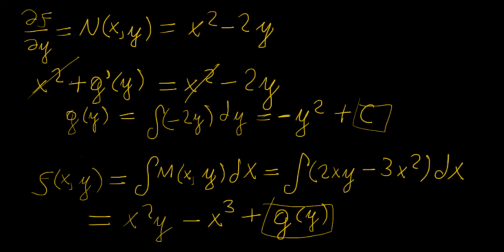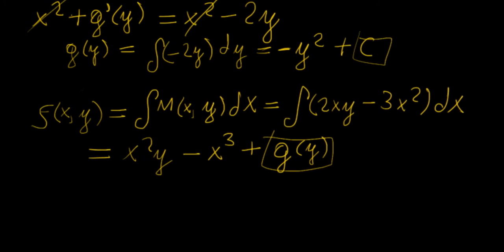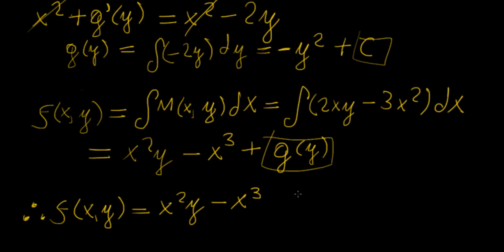So in the end, the final result is f of x and y equals x squared times y minus x cubed minus y squared plus c. And that's going to be the general solution to this equation.